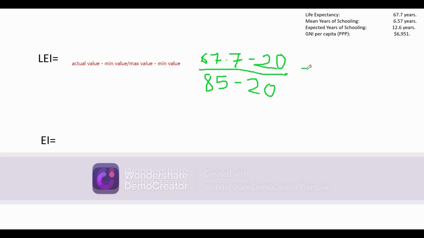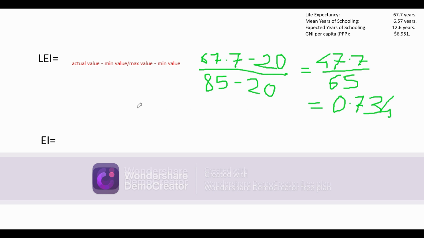If you simplify this, you get the numerator as 47.7 divided by 65. So the LEI will be 0.734. This is the life expectancy index value.